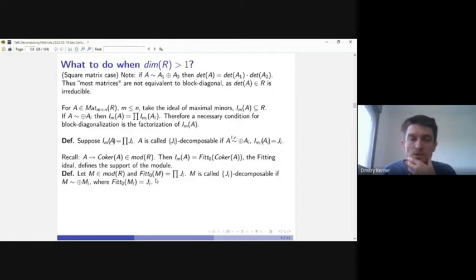Suppose the support is decomposable, it consists of several irreducible components. Then M is called Ji decomposable if it decomposes according to this decomposition. Maybe I should have drawn a picture, but just imagine two lines. The support of the module is two lines, and the question is whether the module splits into something supported on one line and something supported on the other line.